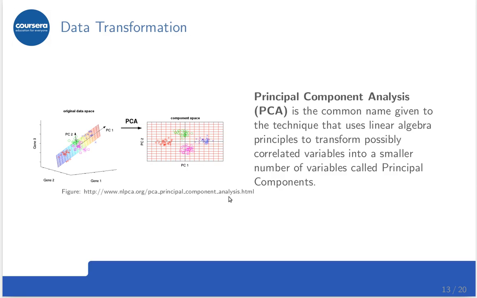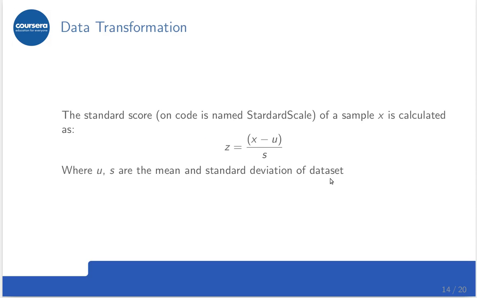After this, I use PCA to remove the correlated columns of the dataset. It's a technique very used for this because it transforms possibly correlated variables into a smaller number of variables called principal components.